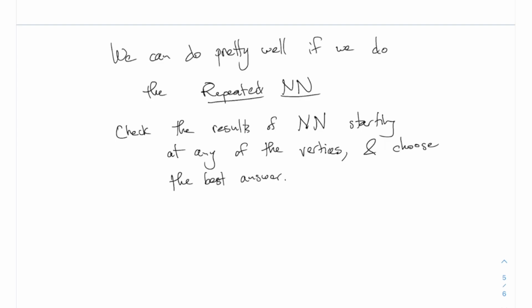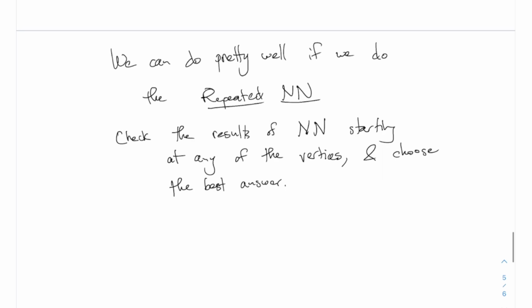All right, this is called the repeated nearest neighbor. And if you really want to get good results when you're doing this, you might as well do it this way. That is, you actually go through it over and over again, starting at all the different starting points, and see which one gives you the best results. This is still far easier than the brute force method. And this is still very much workable in the real world. All right.